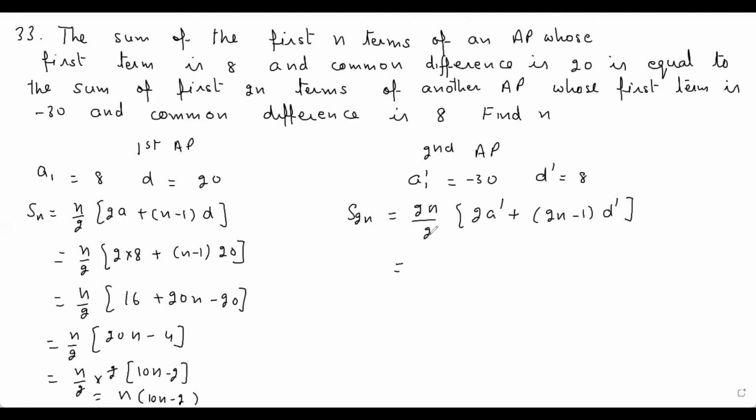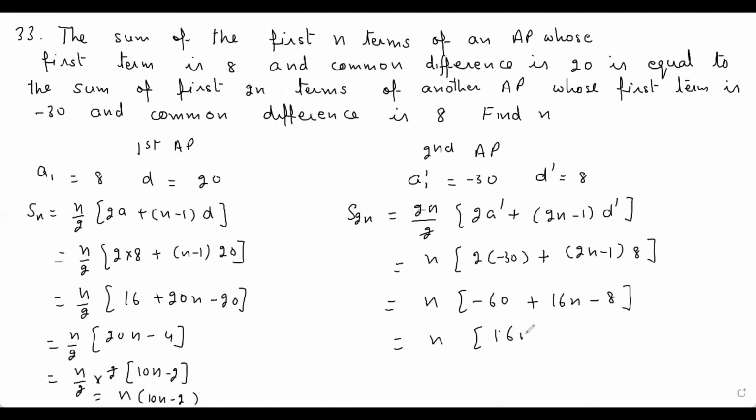That is equal to n times (2 into minus 30 plus (2n minus 1) and d dash is 8). That is n times (minus 60 plus 16n minus 8). That is n times (16n minus 68). That is equal to 16n square minus 68n. Now the first sum is 10n square minus 2n.